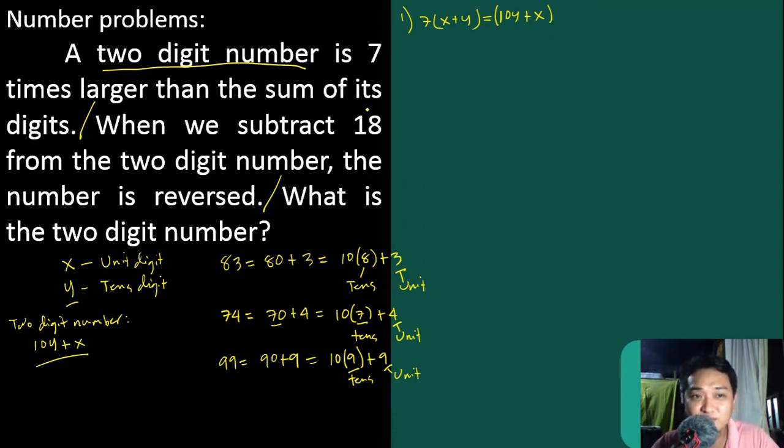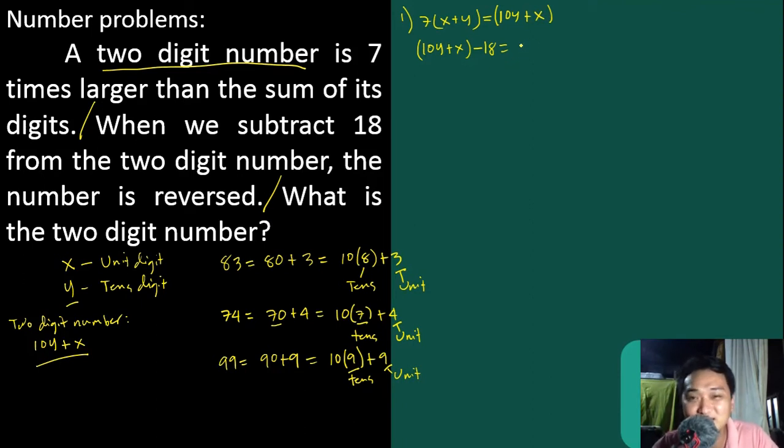Ngayon, yung second situation naman is, when we subtract 18 from the 2-digit number, so if this is the 2-digit number, 10y plus x, pagka daw nag-subtract tayo ng 18, the number is reversed. Mababaliktad yung number. So, yung tens digit magiging unit digit, yung unit digit magiging tens digit.